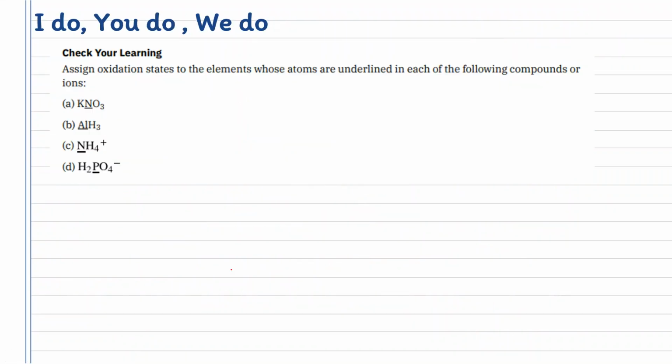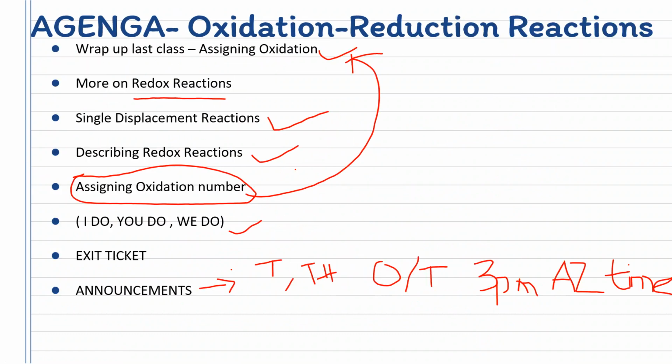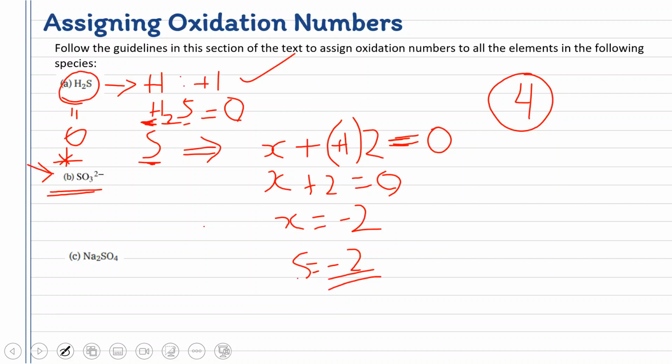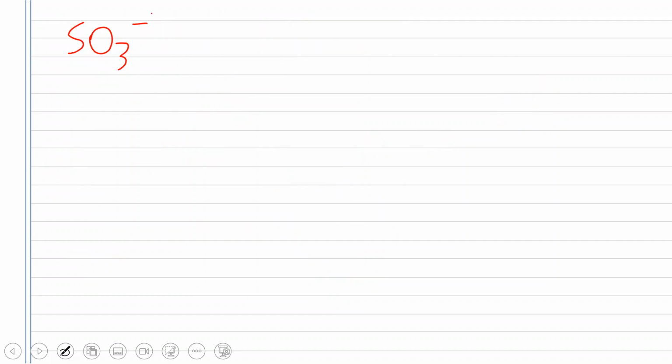So we are back to what we are doing for this lesson. We're going to try and assign the oxidation number for SO3. This is the sulfate ion. So let's try this together. So we have SO3, with 2 minus. Remember we spoke about how to write the charge and how to write the oxidation number.